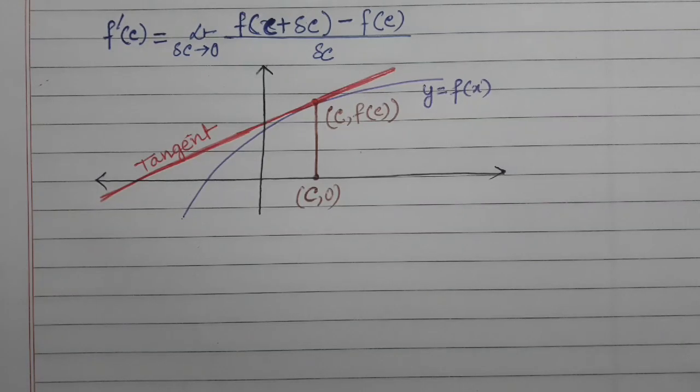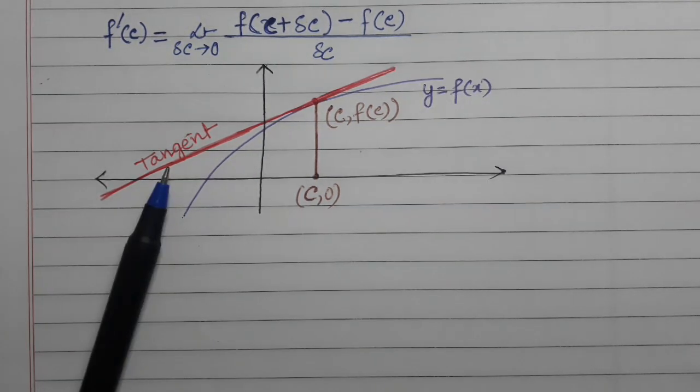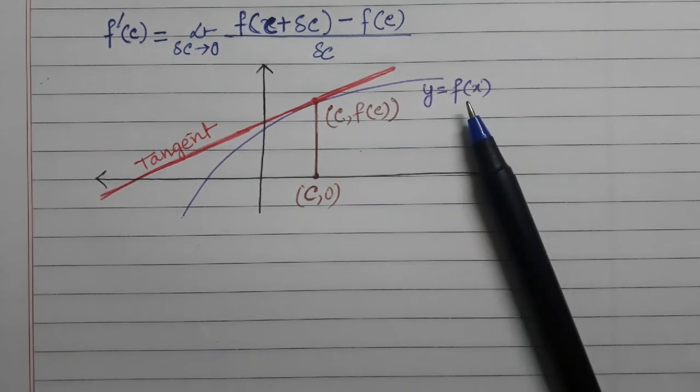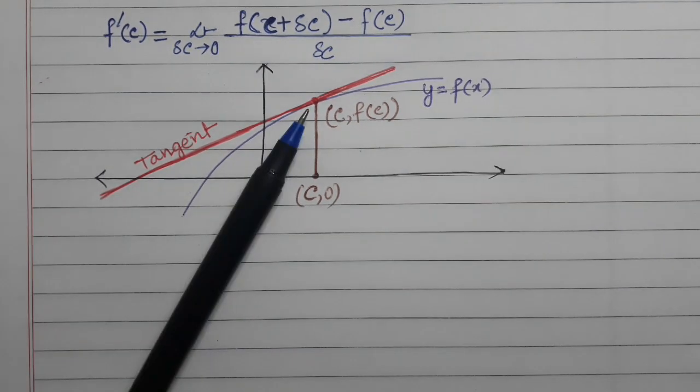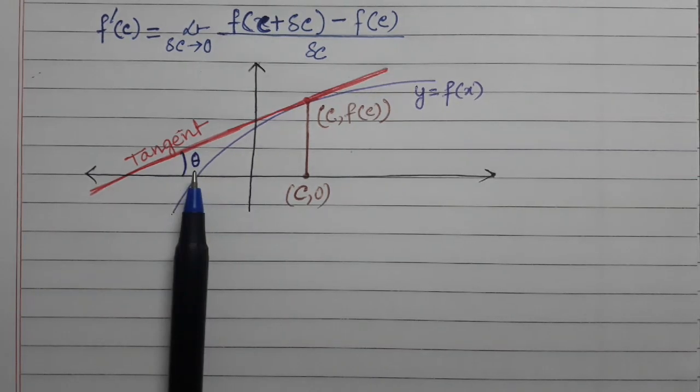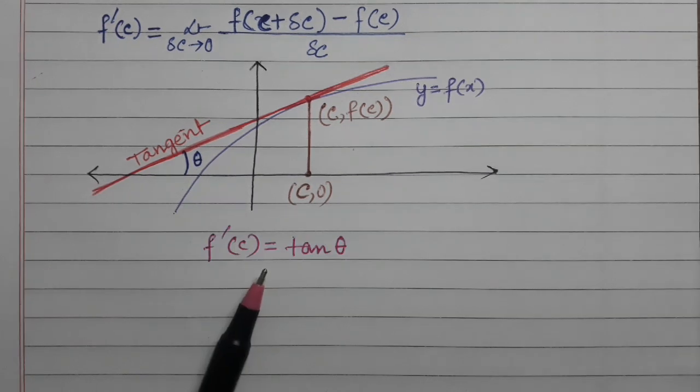So geometrically, f'(c) means the slope of the tangent of the function y equals f(x) at the point (c, f(c)). Therefore, if the angle of inclination of the tangent is theta, then we can write f'(c) equals tan theta.